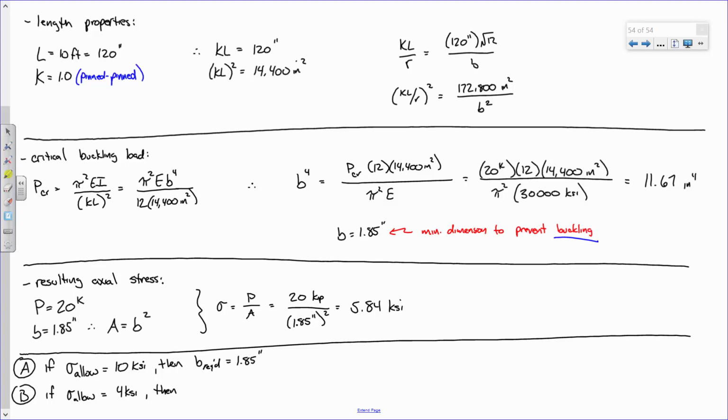Let's look at this scenario. Would you agree if I use a column of this size that that's the stress? Now under part B, is this acceptable? No. So I propose that if sigma allowable is 4 KSI, then B required has to be greater than 1.85 inches. Does that make sense?